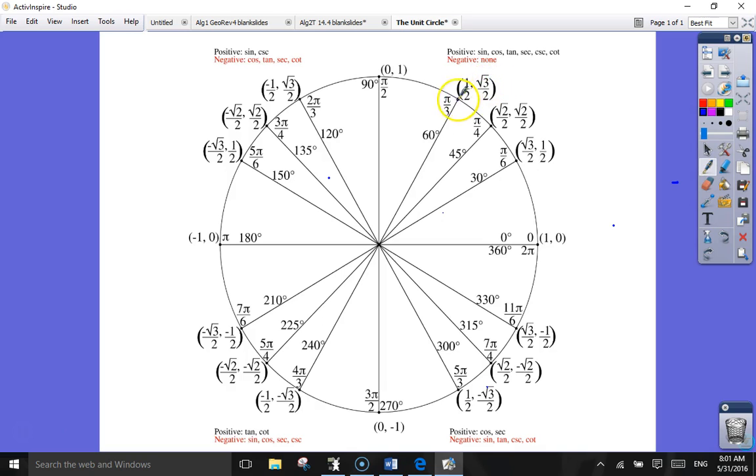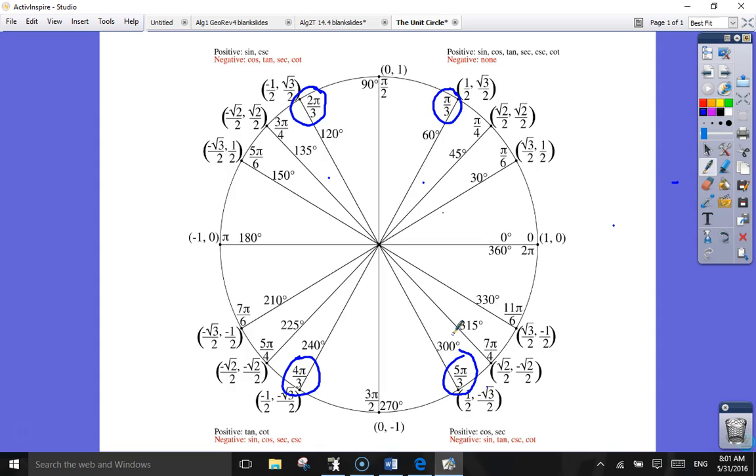About here, positive square root of 3 over 2. Here, negative square root of 3 over 2 is here. And negative square root of 3 over 2 is here. 4 answers. So pi over 3, 2 pi over 3, 4 pi over 3, 5 pi over 3.